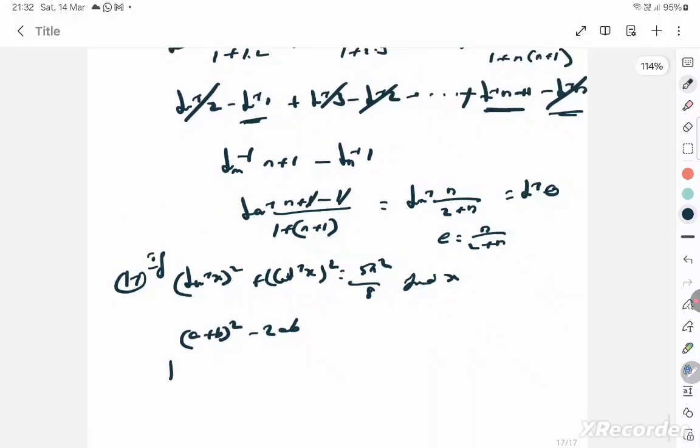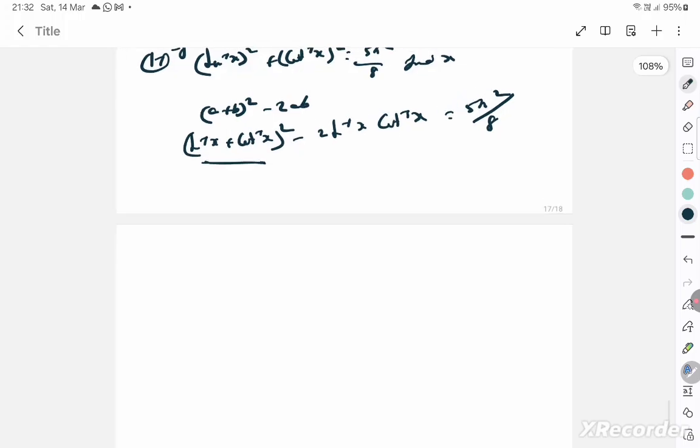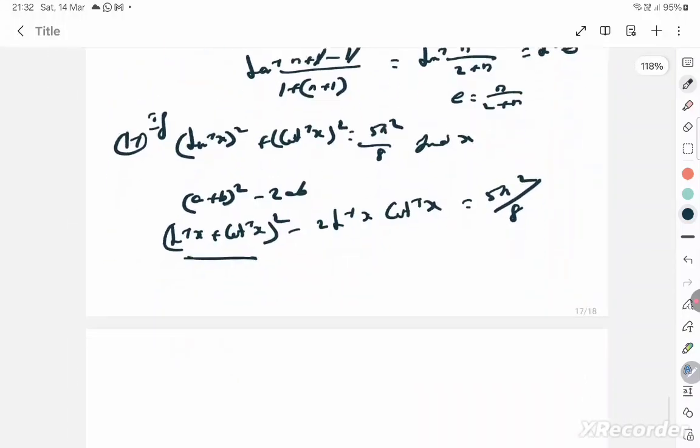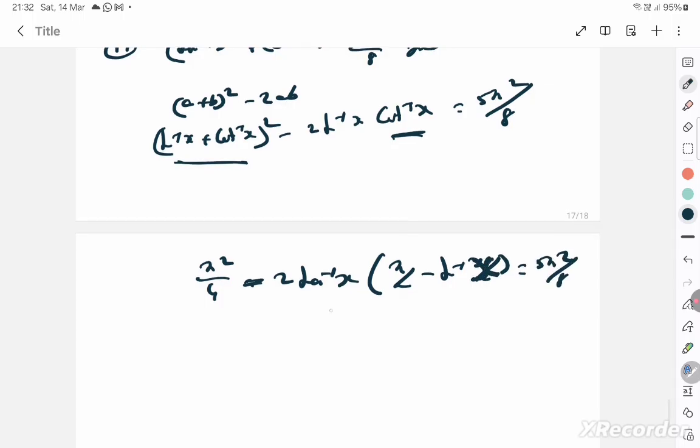The whole purpose is to get tan inverse of x plus cot inverse of x the whole square minus 2 into tan inverse of x into cot inverse of x, equal to 5 pi square by 8. We have done this in class. Can you see this is pi by 2, which is an identity. So it will become pi square by 4 minus 2 into tan inverse of x, and write this cot inverse of x as pi by 2 minus tan inverse of x, is equal to 5 pi square by 8.